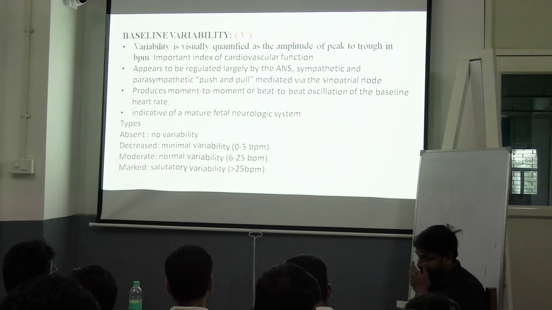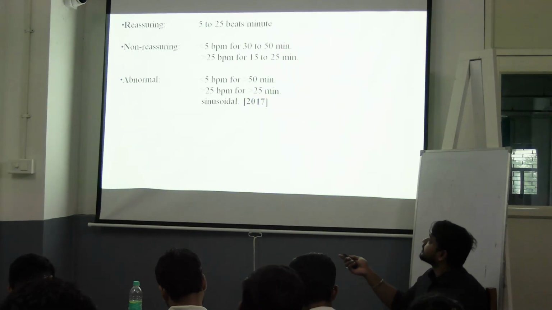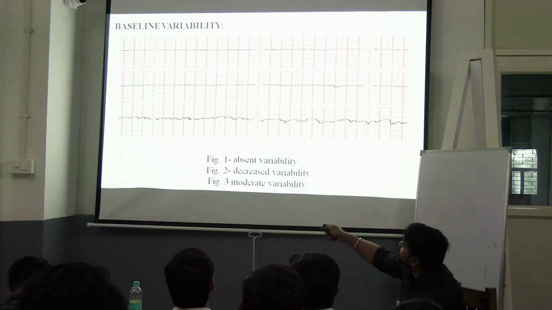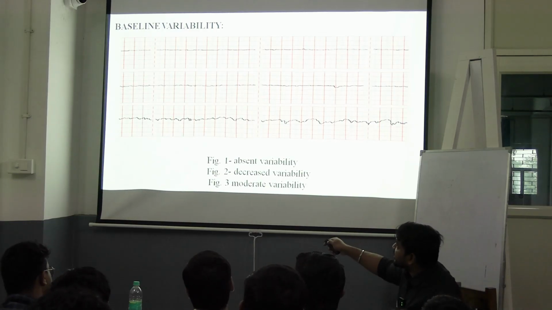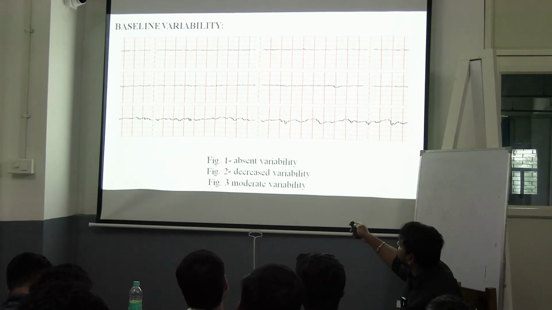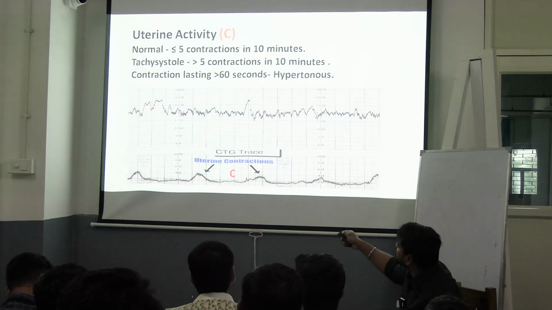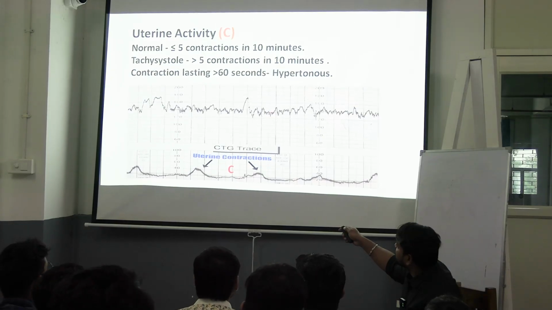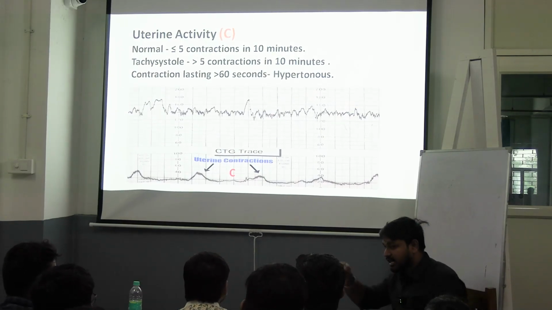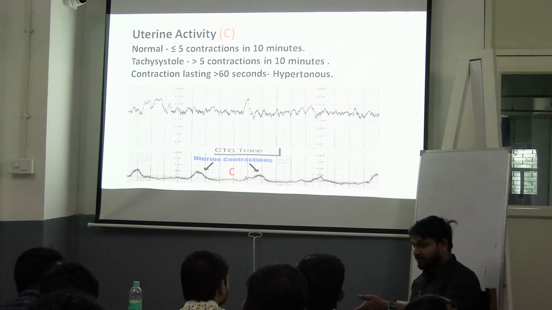Baseline variability is very important. See, every small peak is a contraction rate. Every peak, an increase in heart rate, is because of the sympathetic activity.